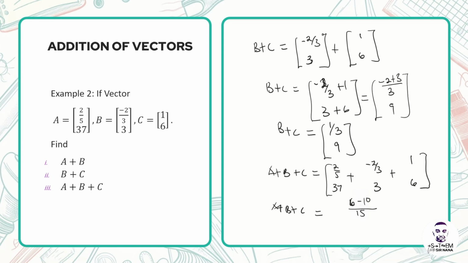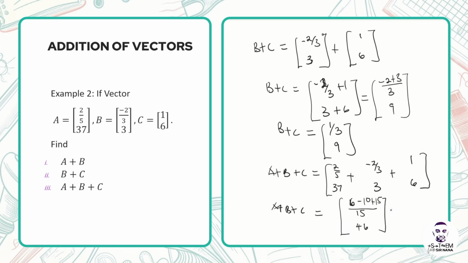Then 15 goes into 15 once, so 15 times 1 gives us 15. For the bottom part, 37 plus 3 gives us 40, and 40 plus 6 gives us 46.